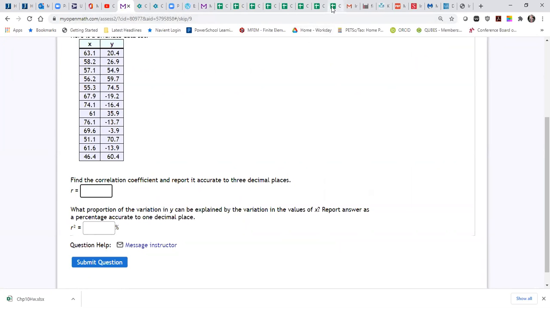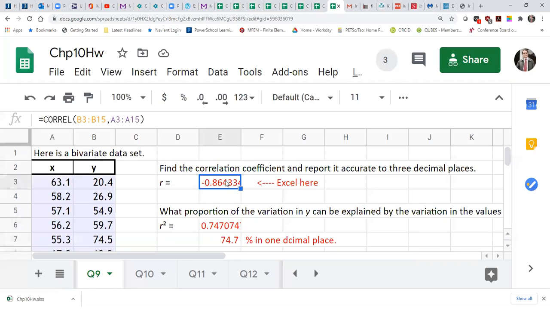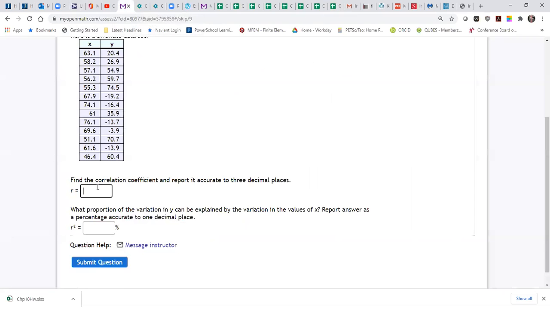Okay, let's see here if I can copy and paste it. Yeah, so you can copy and paste it. Copy this and paste this here. You can put like 3 decimal places, right? So the answer will be negative 0.864.